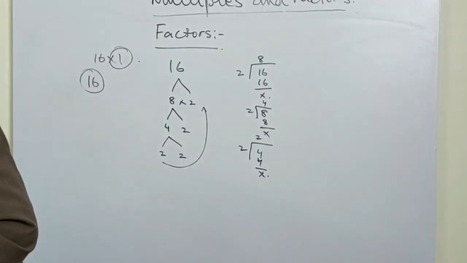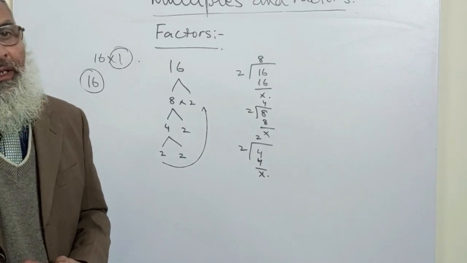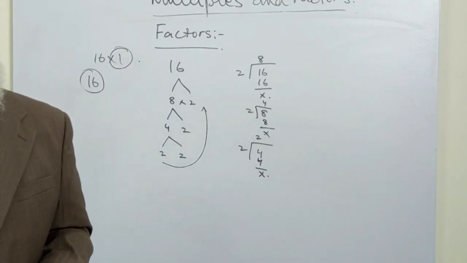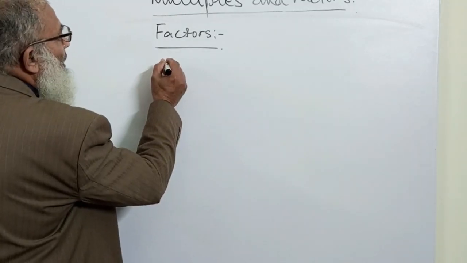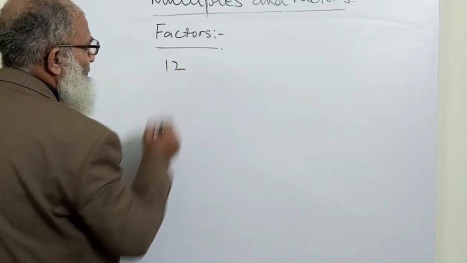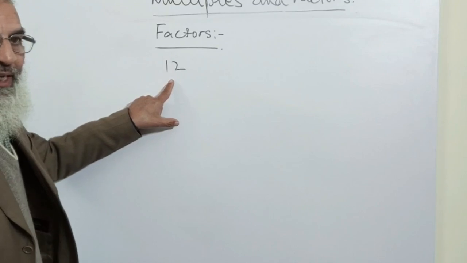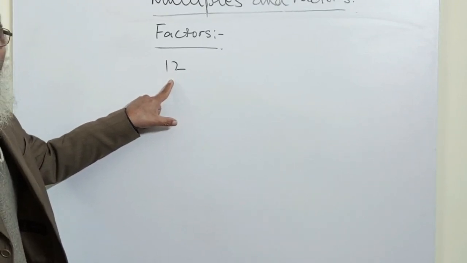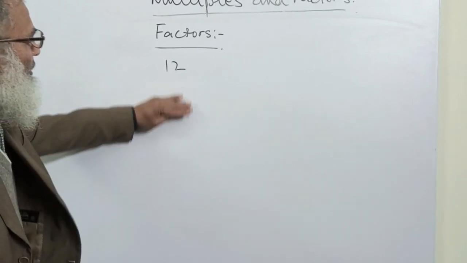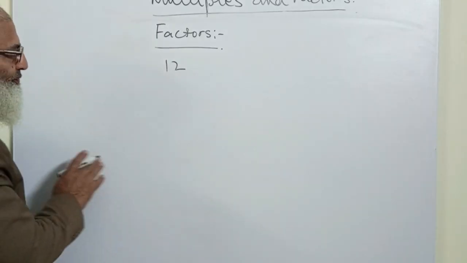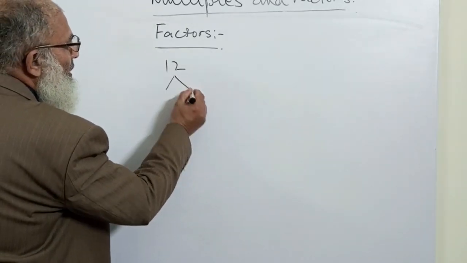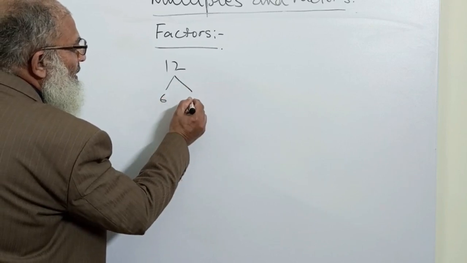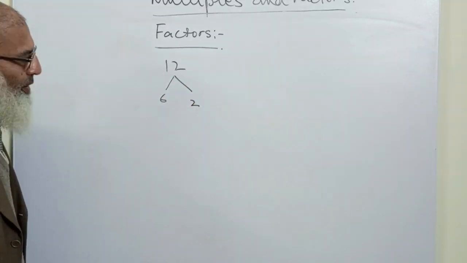And now I take a few examples to proceed to the exercise. Now we have an example. Let us take a number 12, and we have to find the factors of number 12. So just as I told you, it is very simple. 6 and 2.